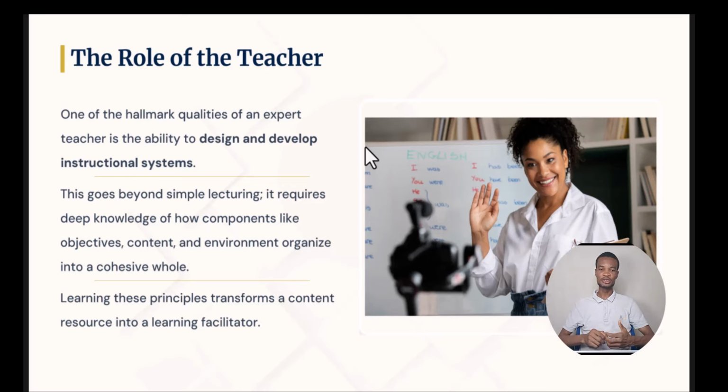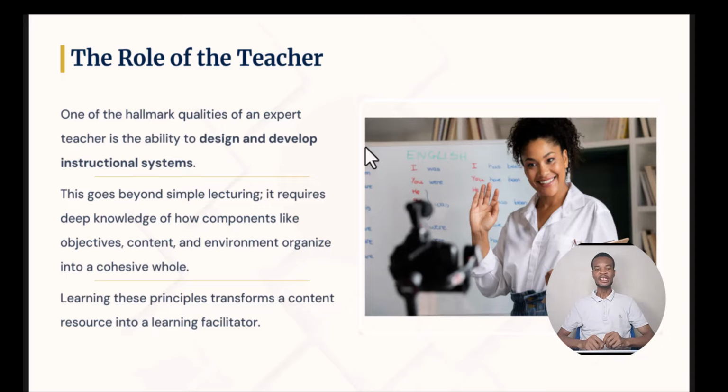So this goes beyond simple lecturing. It is general knowledge that a teacher teaches. But what a teacher does that even the teacher may not know he or she does is that they design an instructional system.